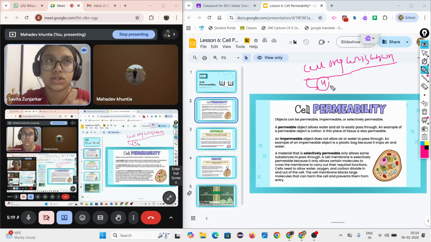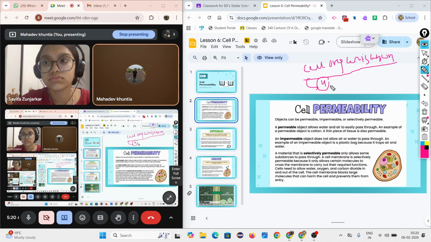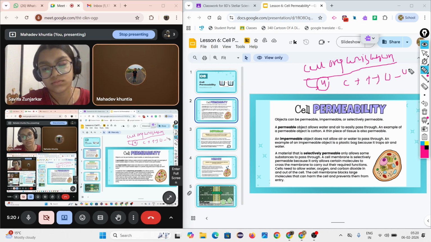The four components are cell, tissues, organs, and groups of organs. A group of organs is called an organ system. Cell, tissue, organ, organ system.